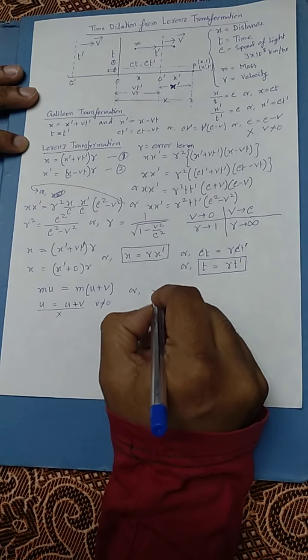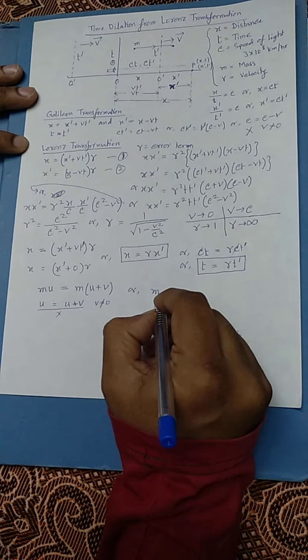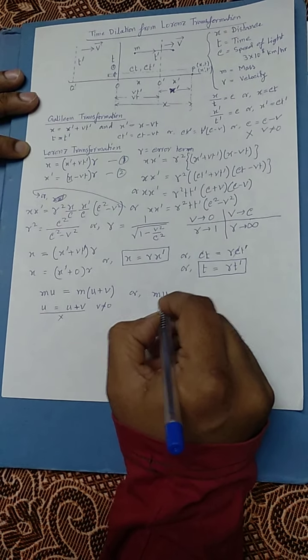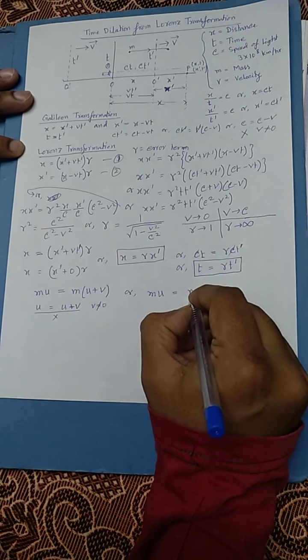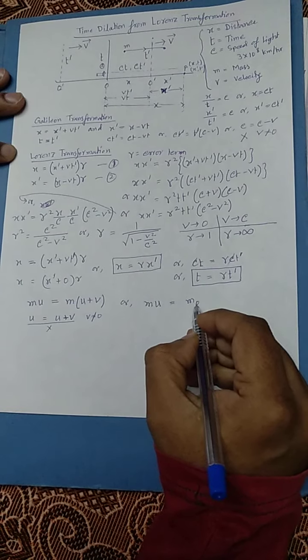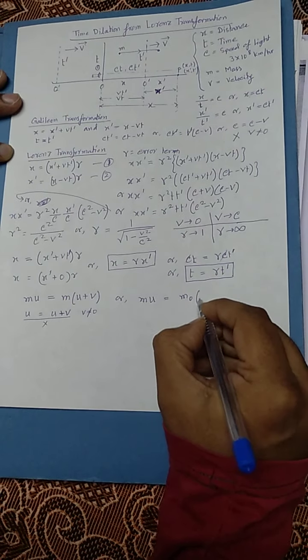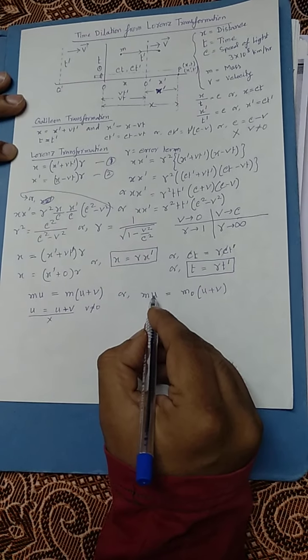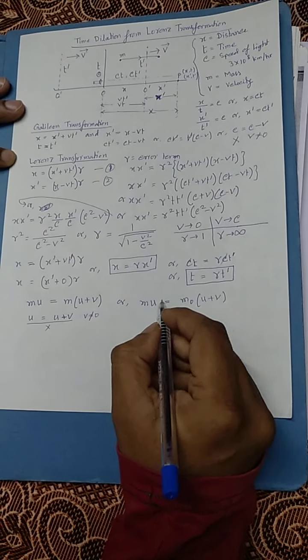So let's assume the mass is not equal in both reference frames. We have m, the movable mass, that is the mass at remote measurement, equal to m0, the local mass in the movable reference frame, that is m0 into (u plus v). Now velocity is distance by time.